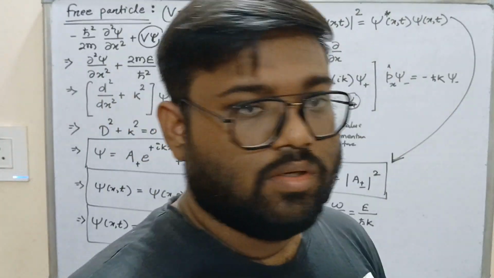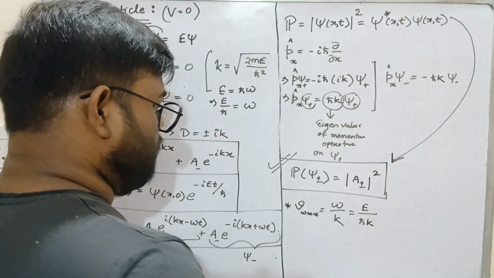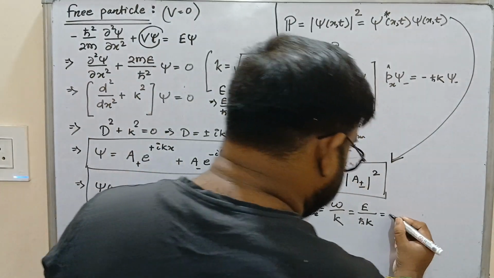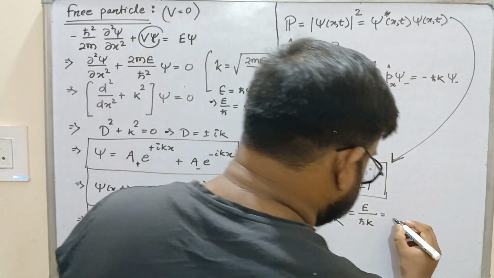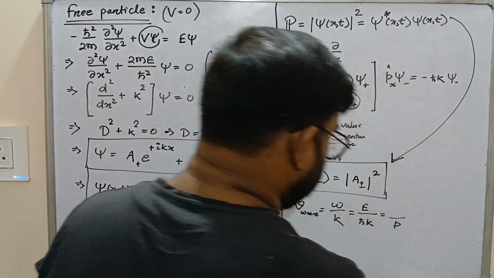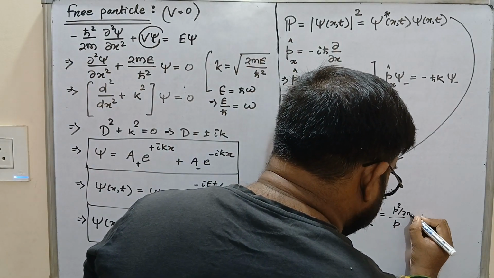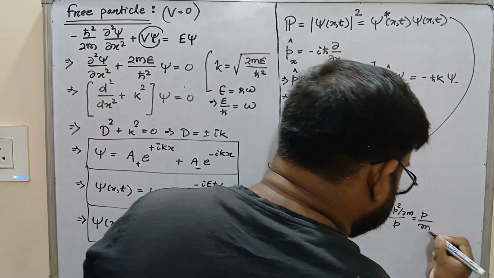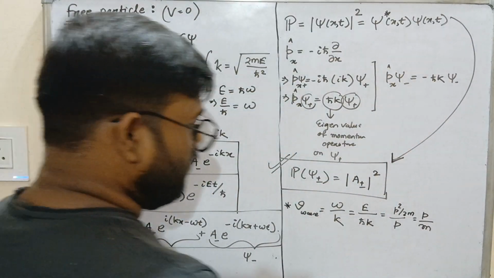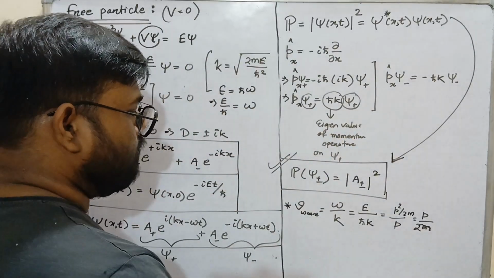Yes or no? Because E equals h bar omega, and omega can be defined as E by h bar. H bar k is your momentum p, and E is your p squared by 2m, which gives you a value of p by 2m. This is the velocity of the wave.